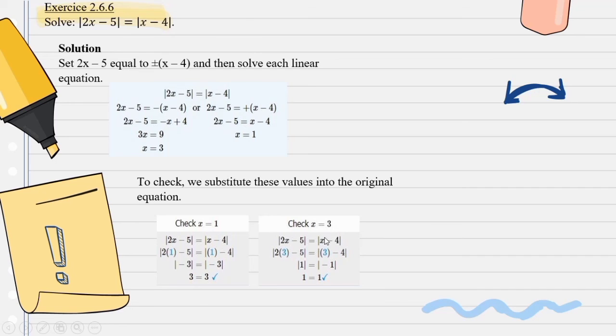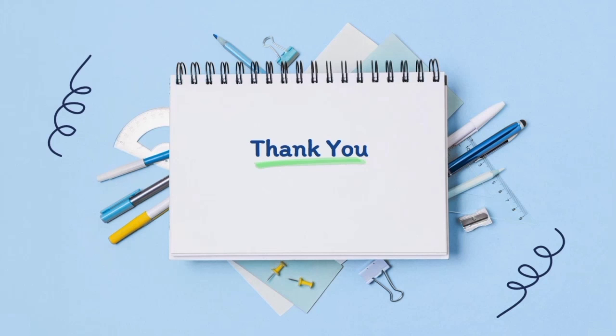Substitute 3 for x. The left is the absolute value of 2 times 3 minus 5, which equals the absolute value of 1, which equals 1. The right is the absolute value of x minus 4: substitute 3 for x, the absolute value of 3 minus 4. After that, the absolute value of minus 1 equals 1. That is correct. The solution is 1 and 3.